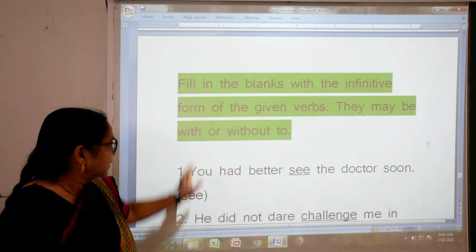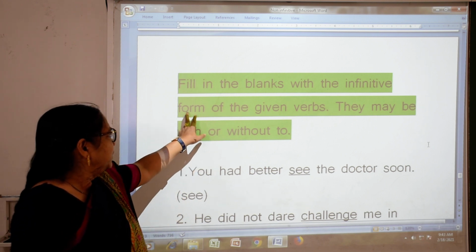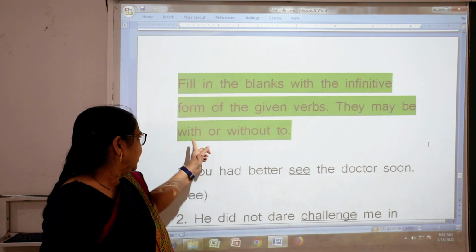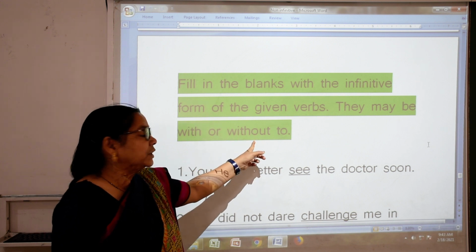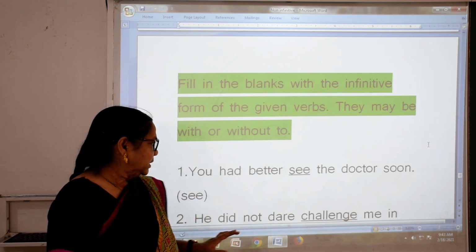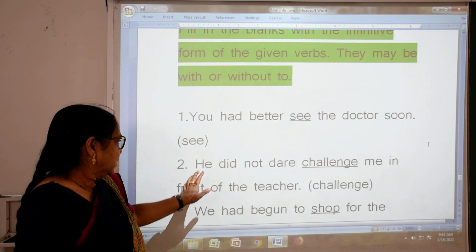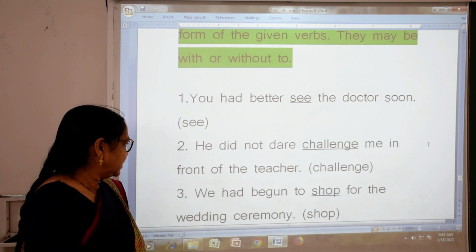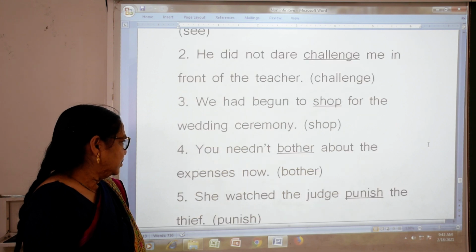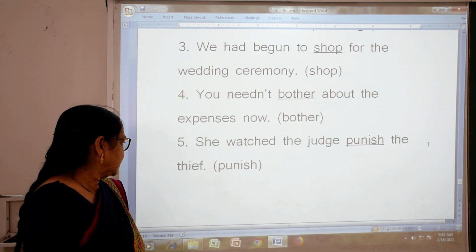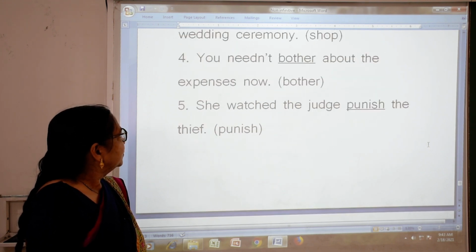Five I have done. Again here, fill in the blanks with the infinitive form of the given verb. They may be with or without to. Here see, challenge, shop, brother, punish. Okay.